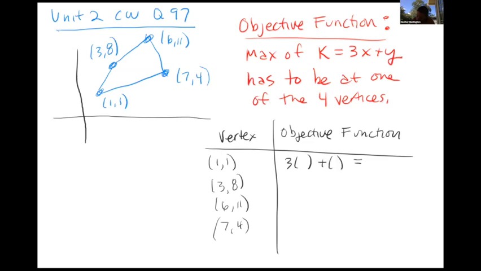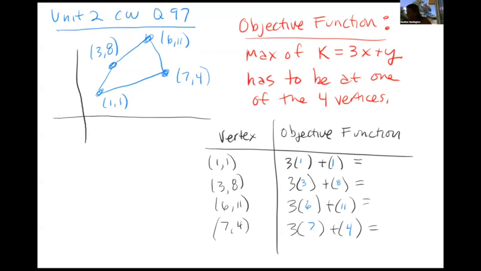I'm going to now copy that down for all of them. And I'll plug in the points. So here we have (1, 1). And we've got (3, 8). (6, 11). (7, 4).